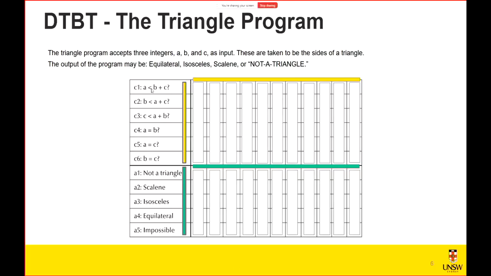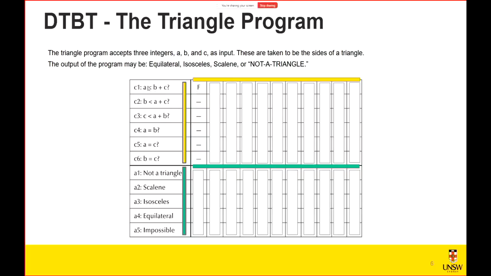So first, assume that A is smaller than B plus C is false. Then we don't need to care about all the rest of the conditions. Do you know why? The hyphens here mean don't care, right?